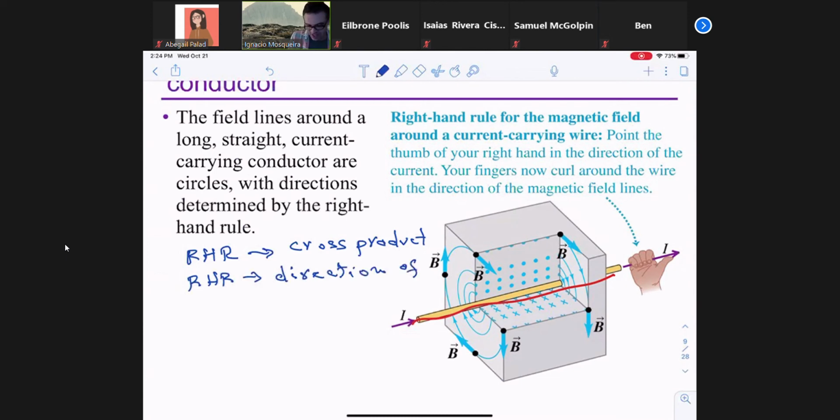You're not going to use that one much unless you want to figure out torques and so on. You could do it just with forces, but you can use the torque formula from the magnetic moment.